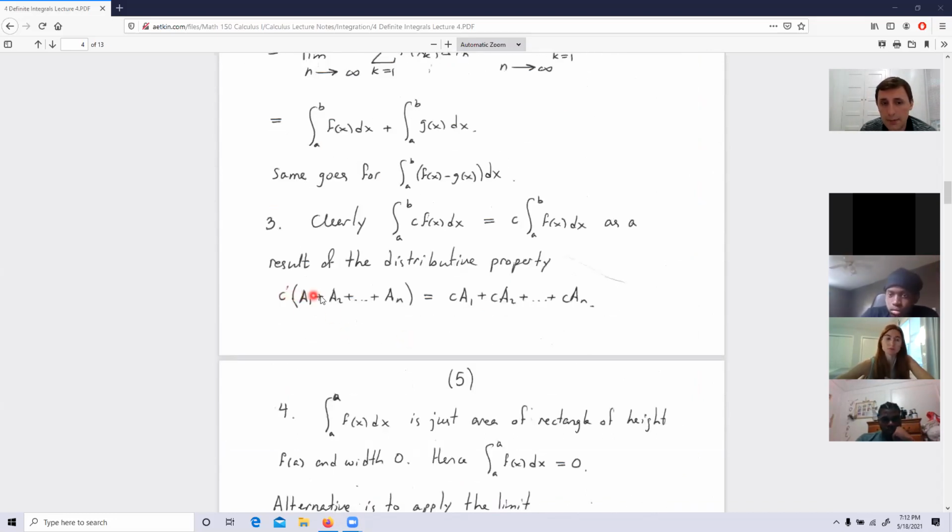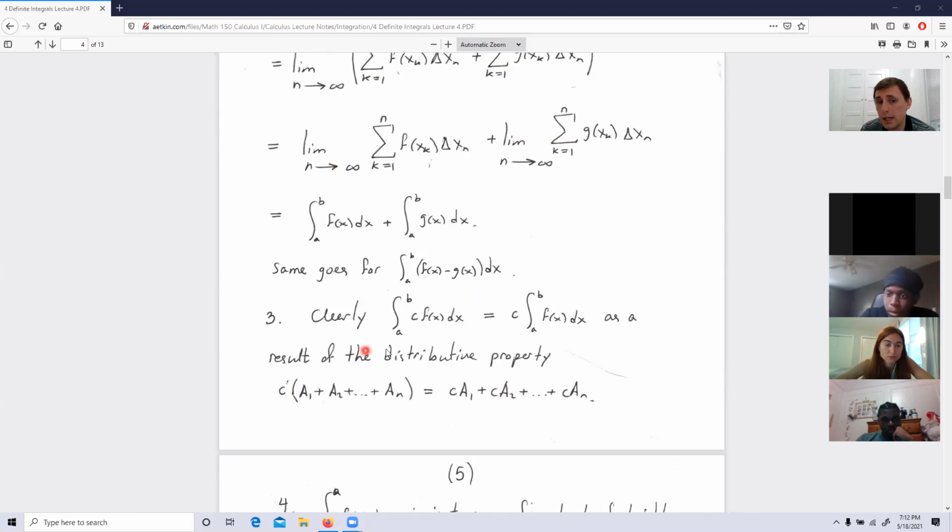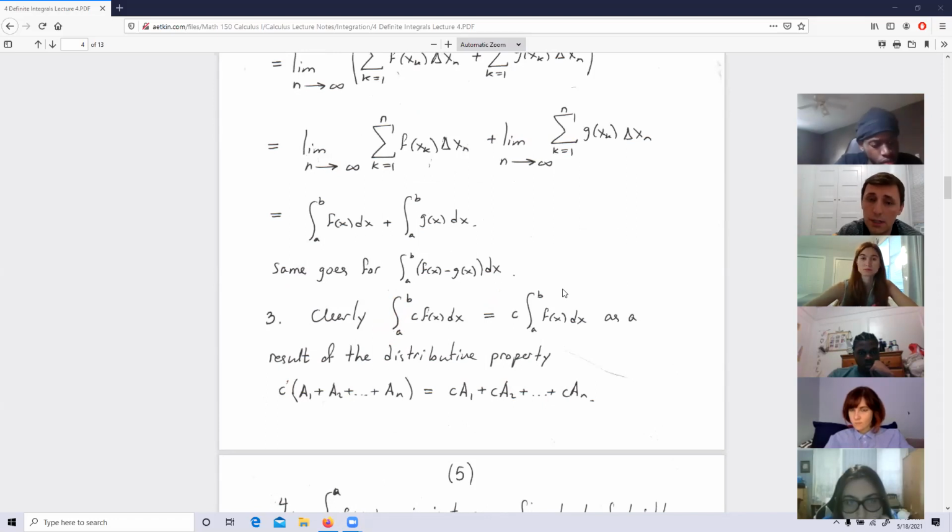C times a summation is the same as C multiplied by each individual summand. And again, you can translate it to a limit if you need to, right? The integral can be translated to a limit. And then you can see that it's really nothing more than a fancy sum. You understand that? So this symbol is nothing more than just add things together. Not fancy, not complicated.